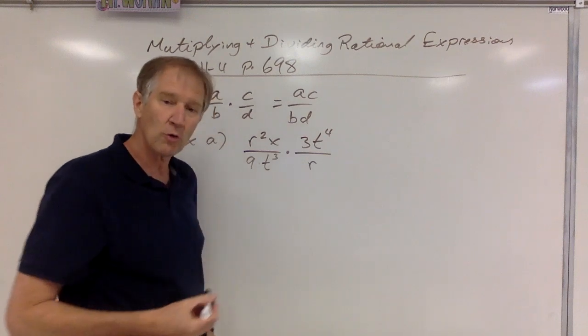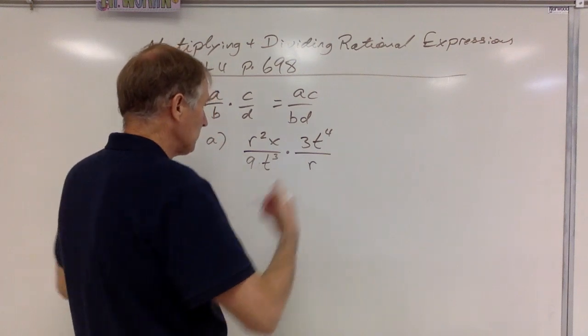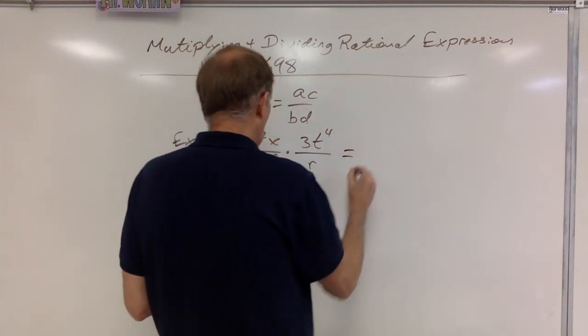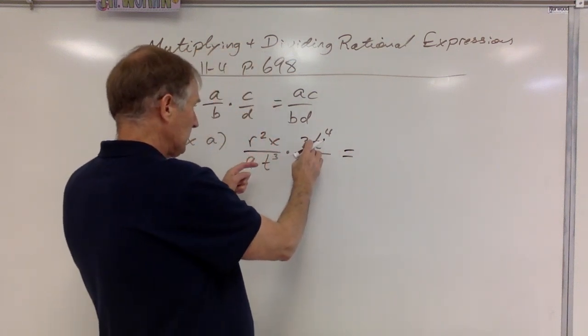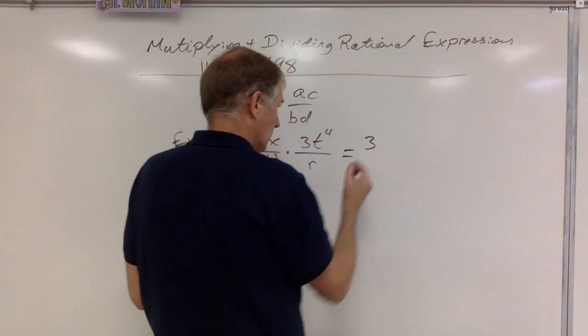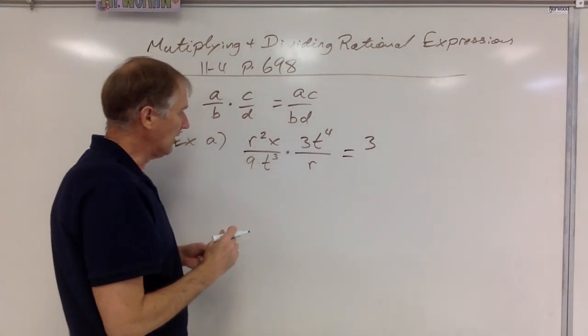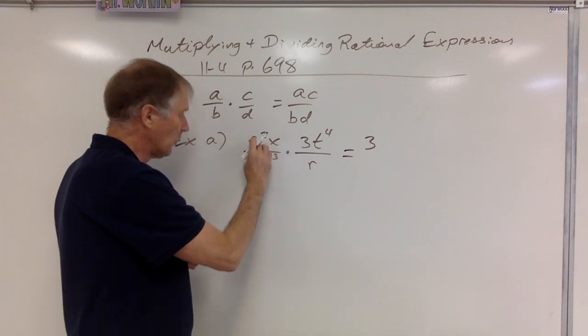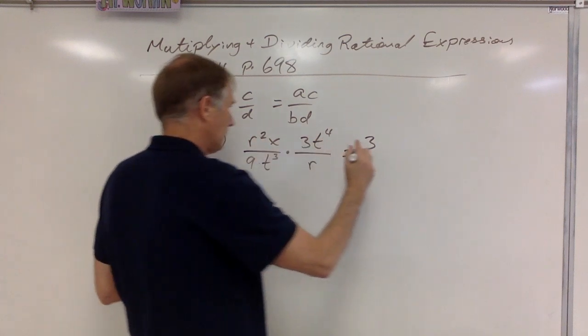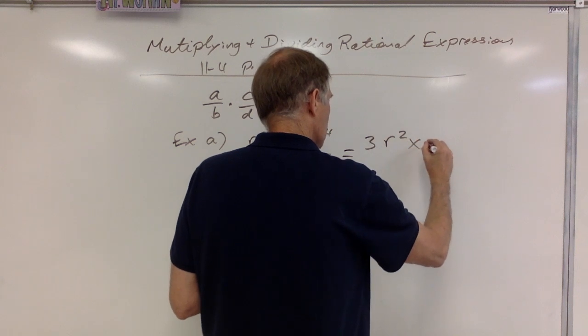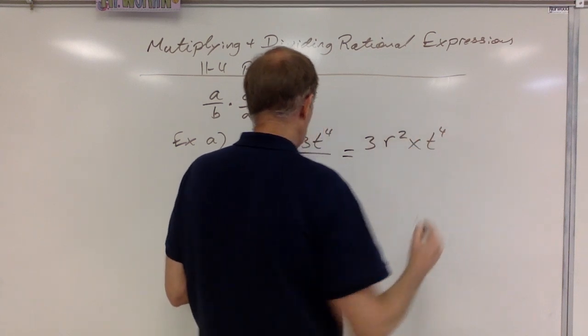Let's multiply the numerators, multiply the denominators, and then we're going to simplify. We usually write the coefficient first, so 3 r squared x t to the fourth.